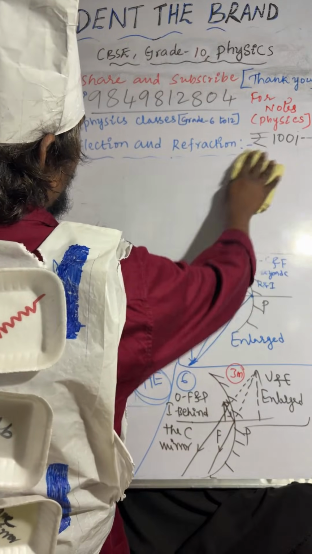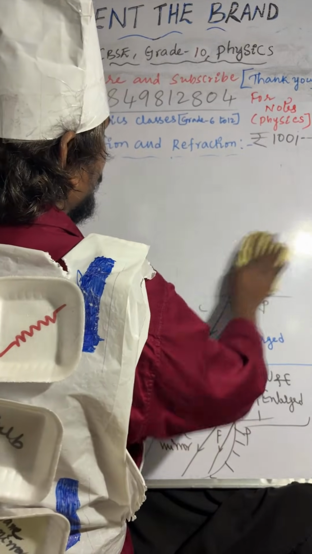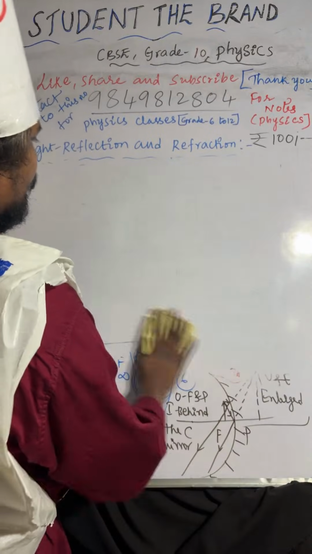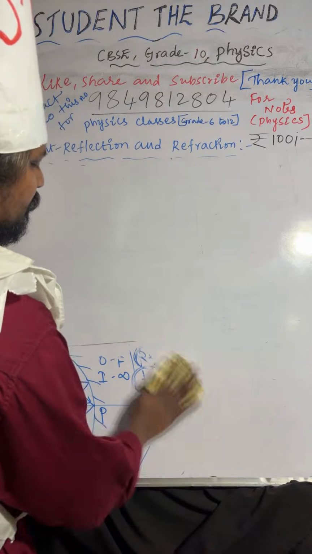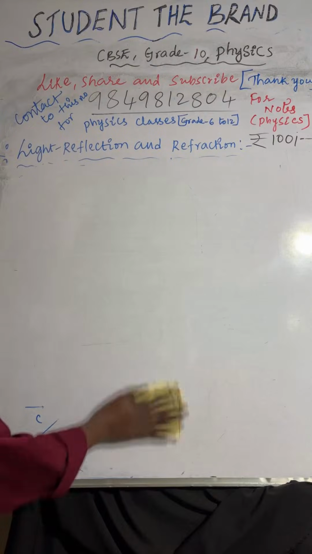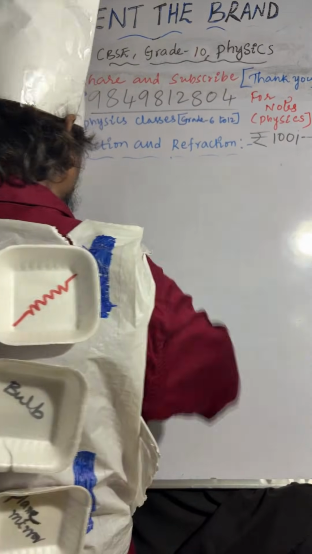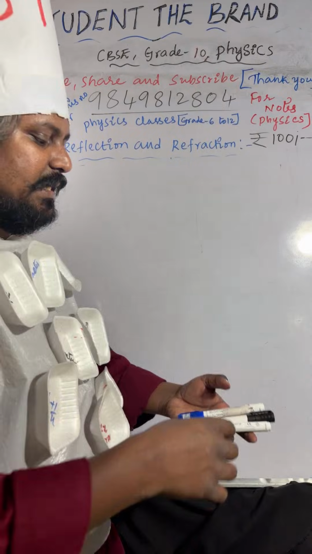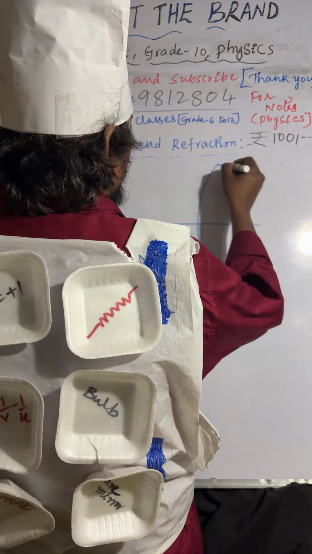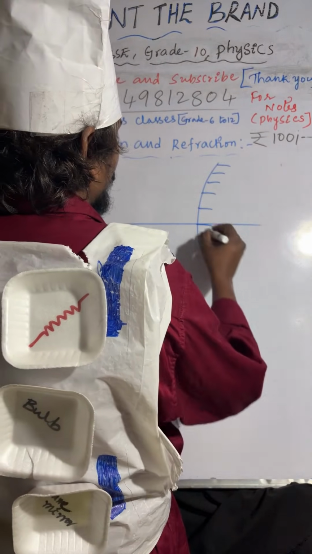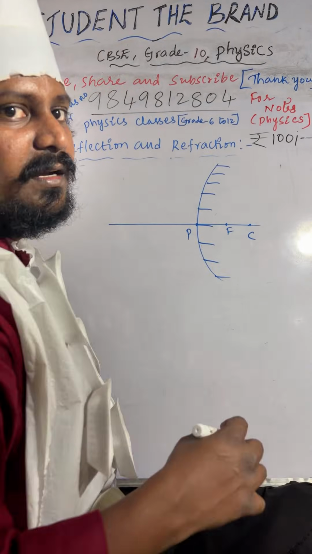In convex mirror only 2 cases are there. So pole, focus, center of curvature.